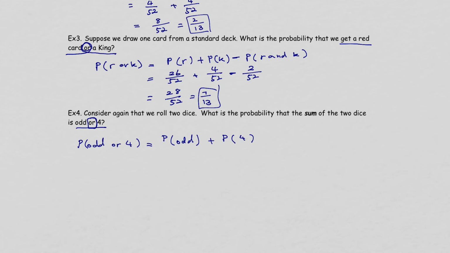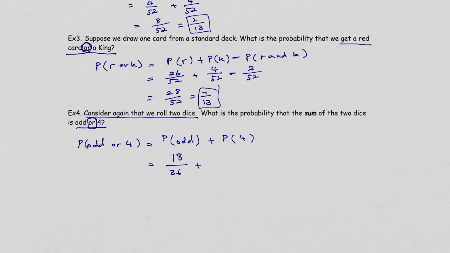So now we're just figuring out the probability of odd. And remember from the other section, when you're rolling 2 dice, the total outcome is 36. Getting an odd is going to be half of that, so it will be 18.